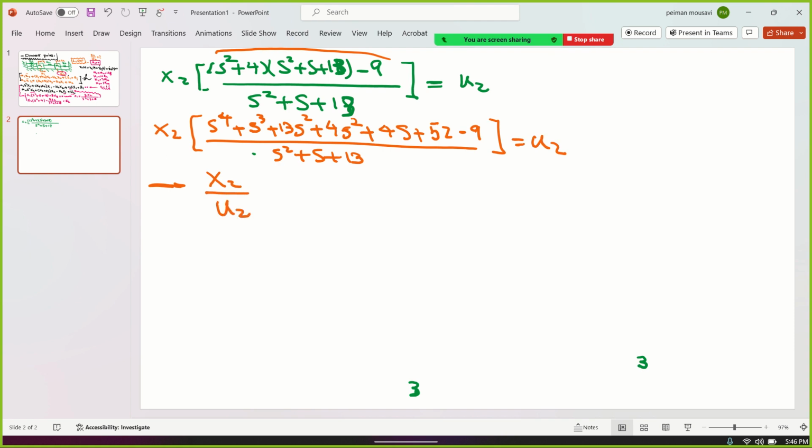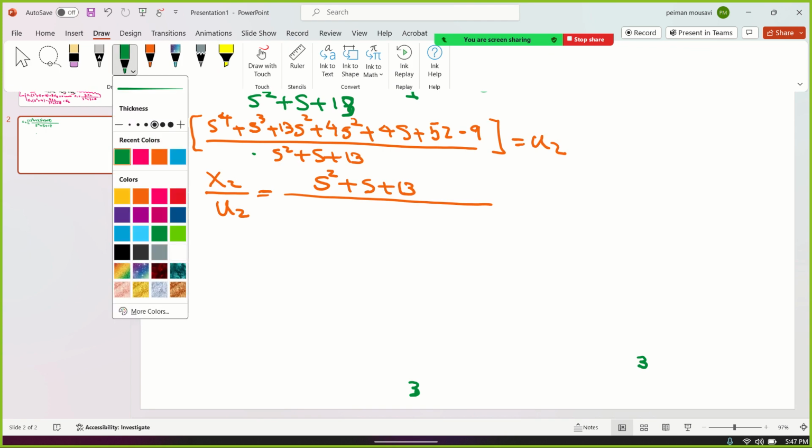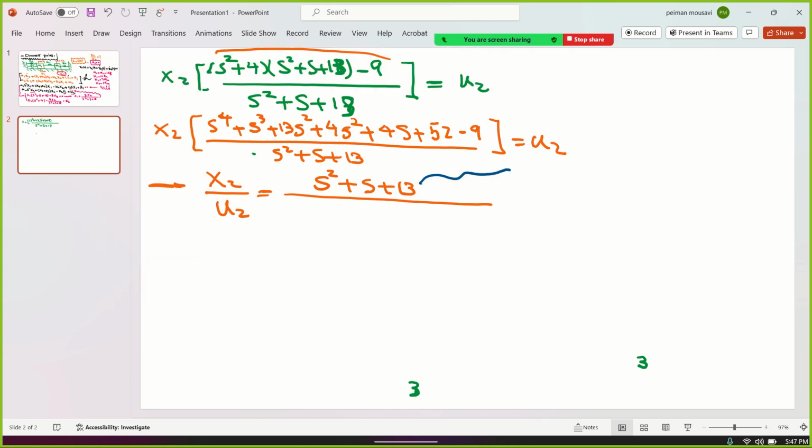x2 over u2 is, this goes to the numerator. Now you have two zeros of the system, guys, because you have a second order system. This is going to give you two zeros, z1 and z2. We're going to calculate that. And later in the root locus, I'm going to teach you that the system dynamics moves from the poles to the zeros.